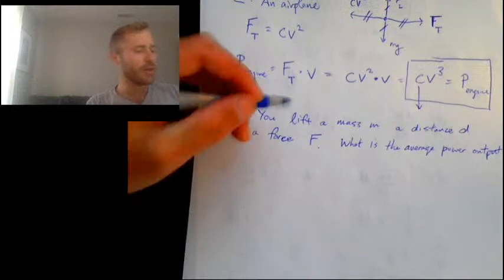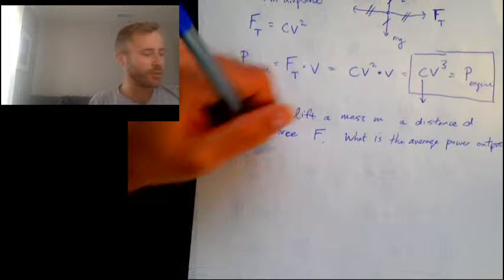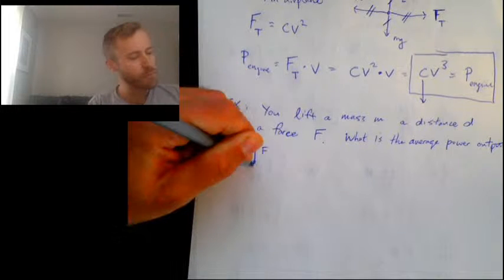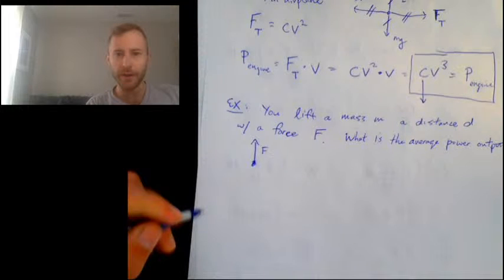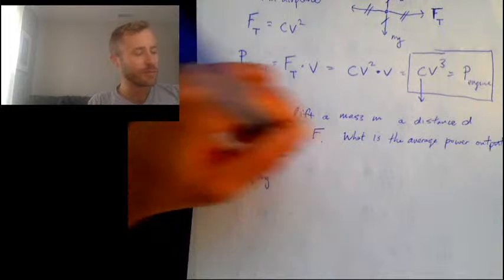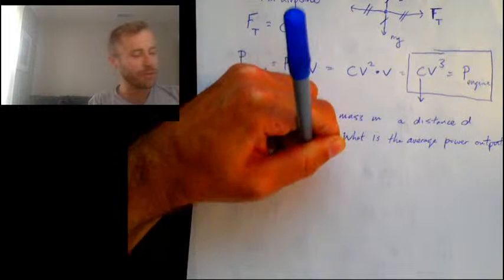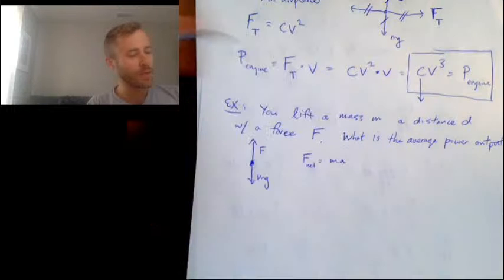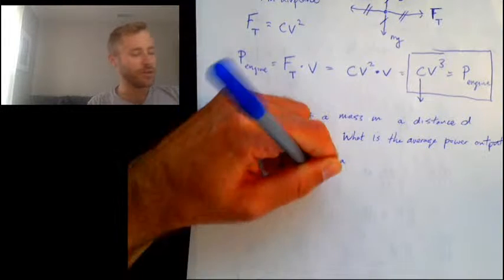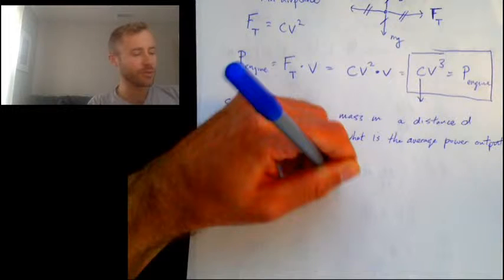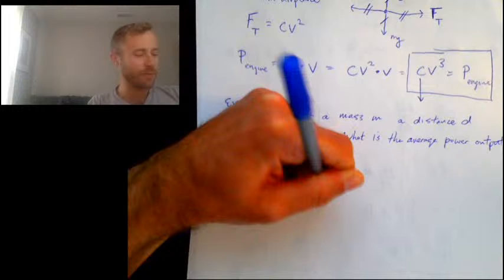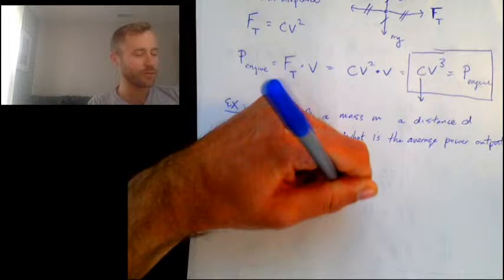So if we work this out, we've got an upward force F and a downward force mg. So doing Newton's second law, the net force equals ma, which means F minus mg equals ma, which means that the acceleration is F over m minus g.